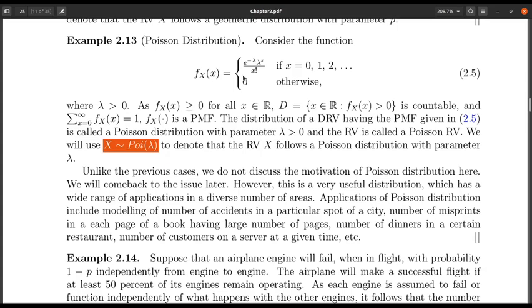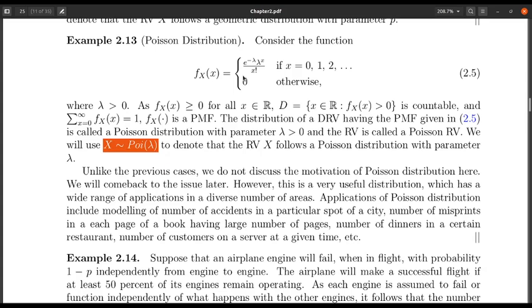When n is very large and p is quite small, the binomial distribution can be approximated by the Poisson distribution. Whatever I told you was quite vague. We are going to see these things precisely as we progress.